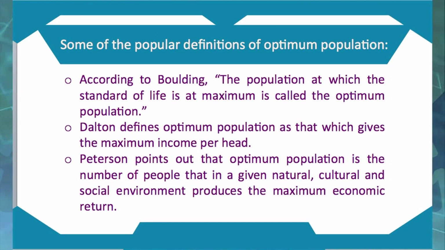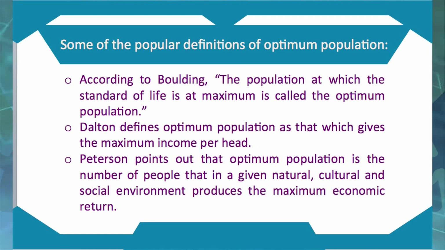Let us look into some of the popular definitions of optimum population. According to Balding, the population at which the standard of life is at maximum is called the optimum population. Professor Dalton defines optimum population as that which gives the maximum income per head.